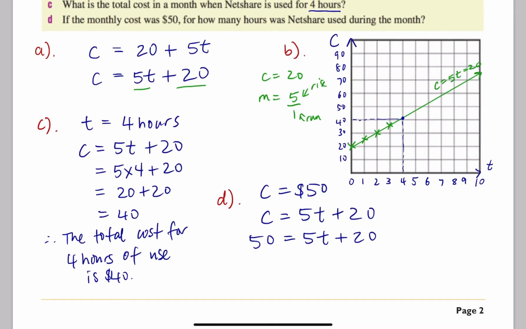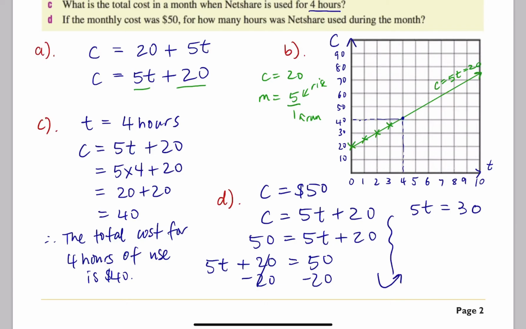So I'm going to swap this so that the variable is on the left. Now what do we do here? What do we get rid of first? Minus 20. And I'll go over here now. 5t is equal to 30. How do I get rid of this 5? Well, I divide both sides by 5. t is equal to 6.